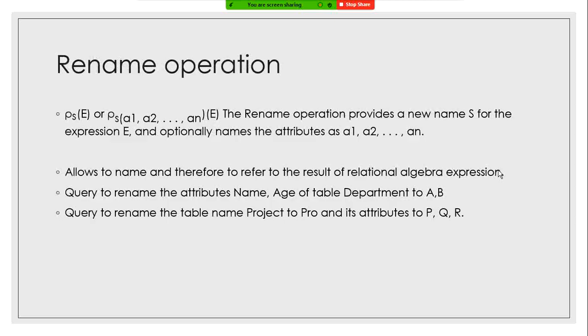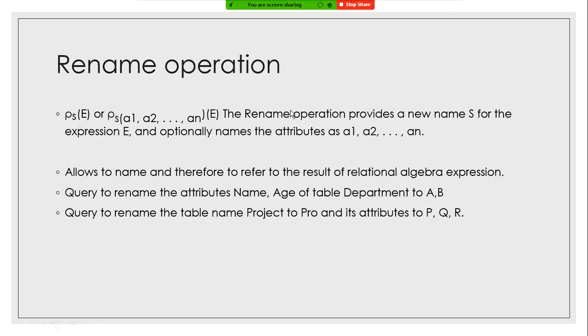Next we have the rename operation. Rename operation is denoted by this symbol. The rename operation provides a new name S for the expression E and optionally names the attributes as A1, A2 up to AN. This is a Greek symbol. Here E is the expression, like we have written expressions before of project or select or different types of operations.